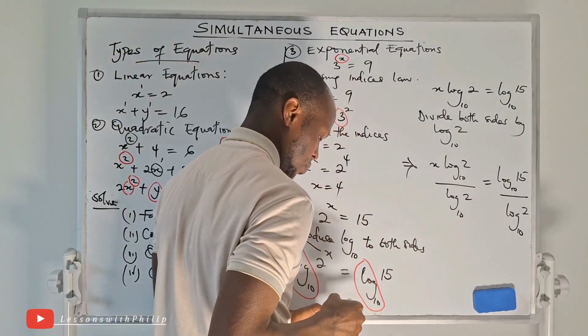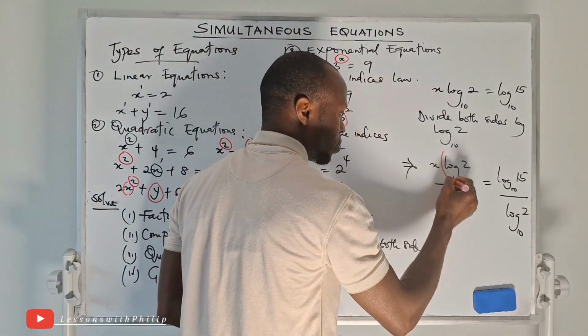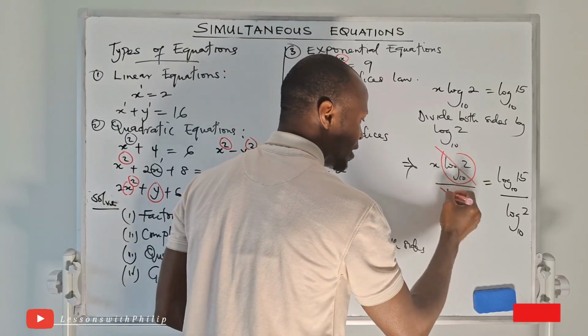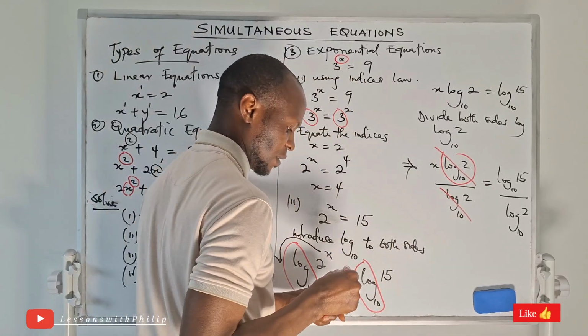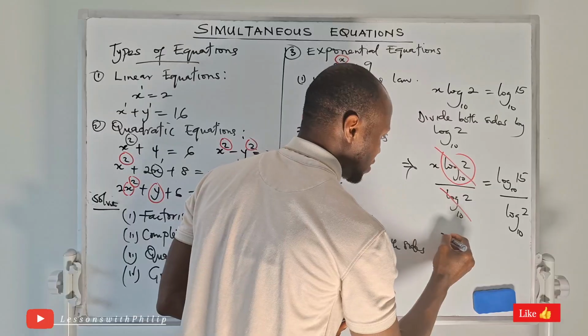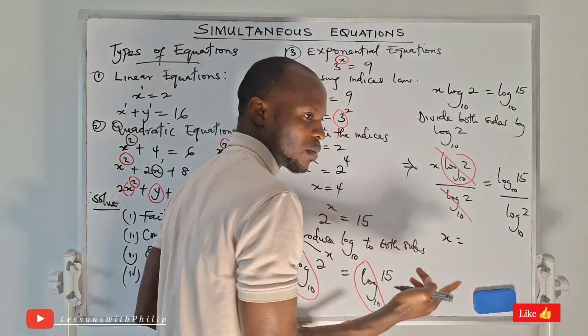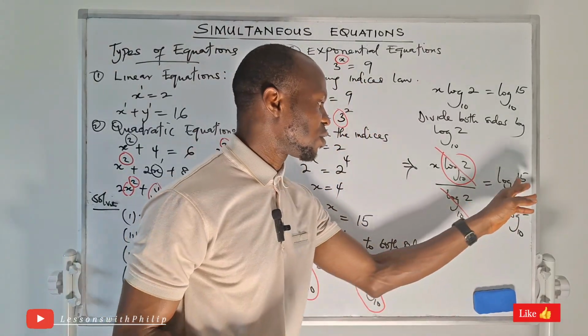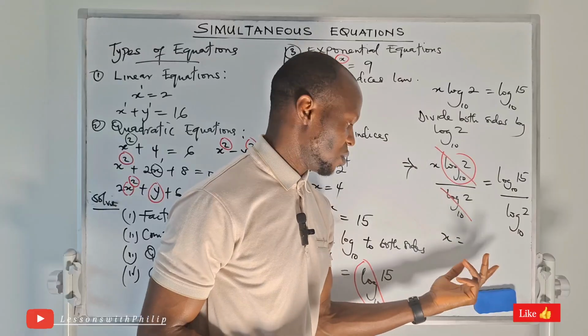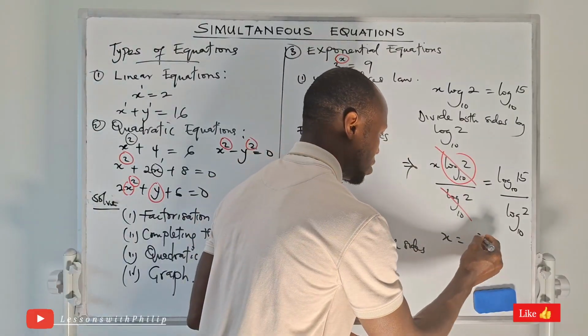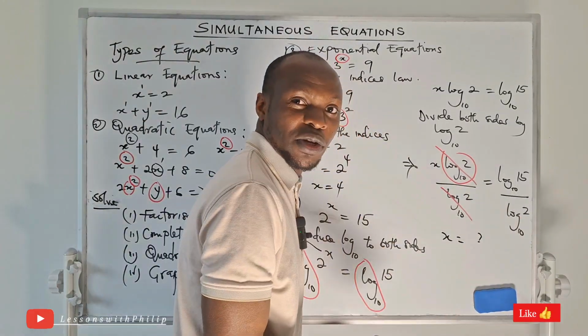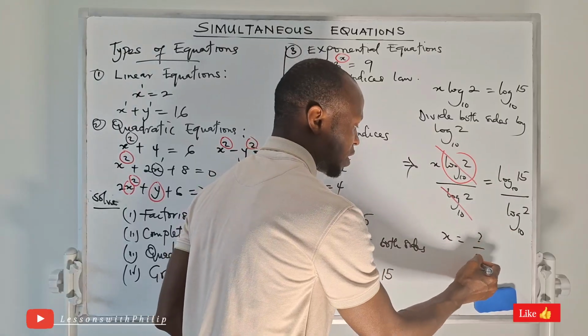This one will go away when we divide. Okay, we'll be left with x equals, your calculator is in base 10. You can press your calculator, log 15. It will give you your answer. You press log 2, your calculator is in base 10, you press your log 2, you get your answer.